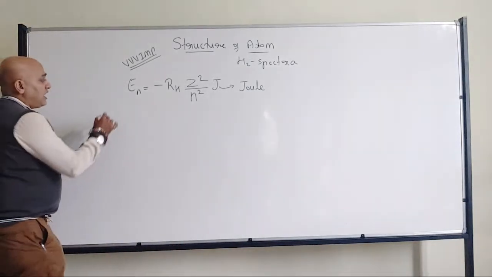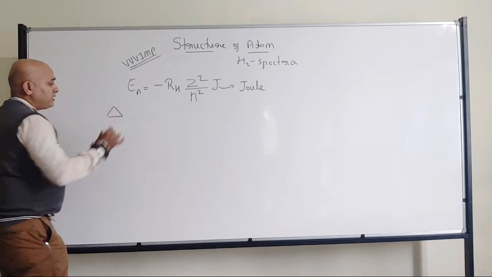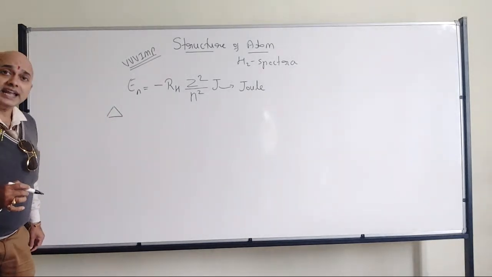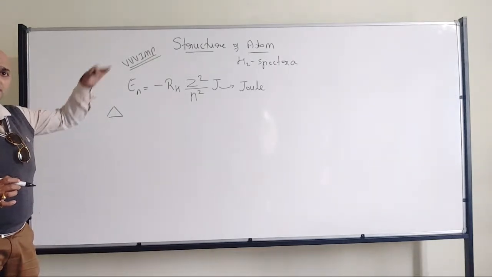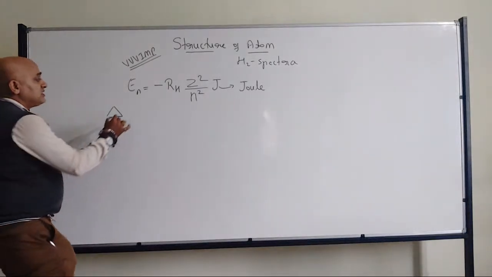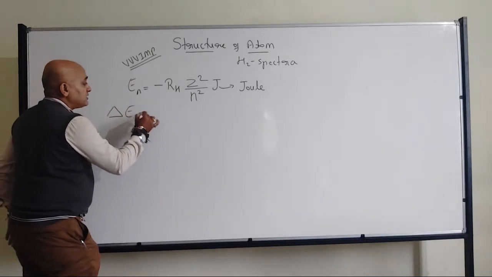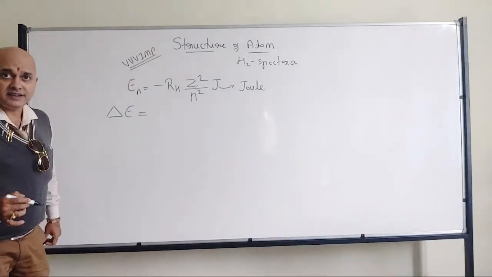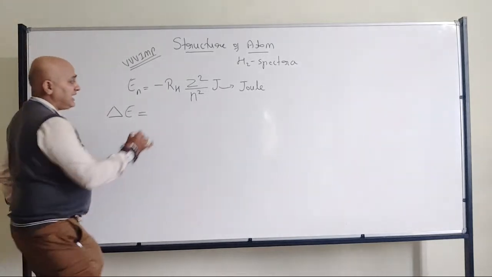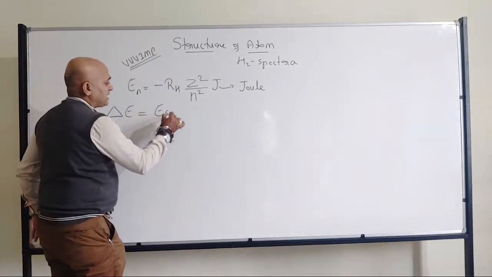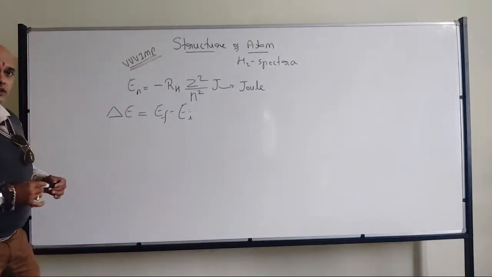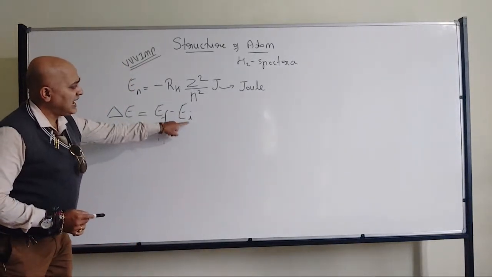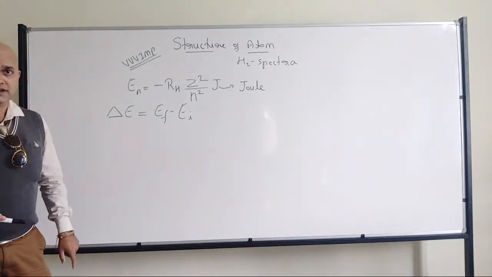Now, since we are talking about absorption or emission spectra, where movement of electron between different energy levels happens, we have to find the difference in the energy levels. That's why I get E_F minus E_I, the final energy level and initial energy level.